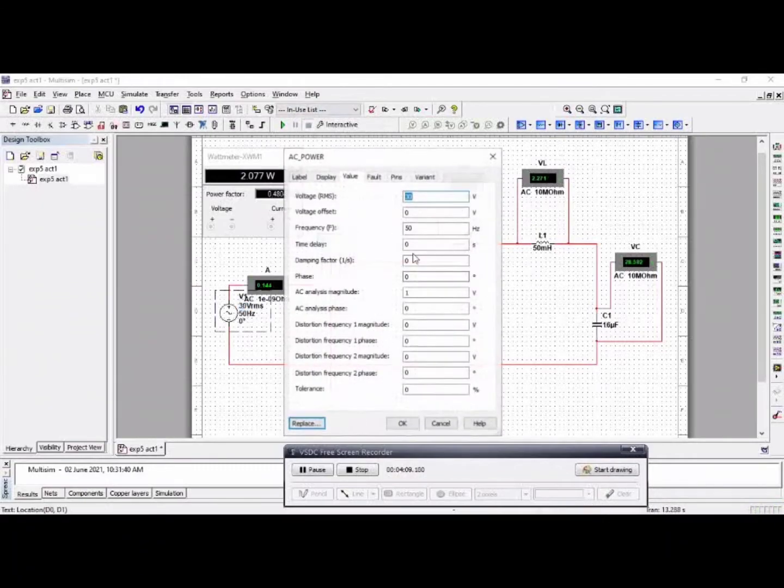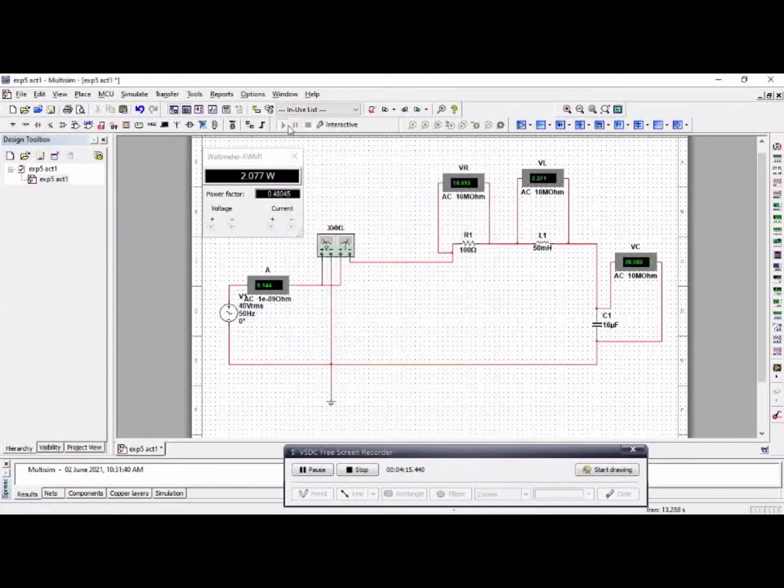Stop, and next for 40 volt voltage supply, and run the simulation. And we get the I here, and wattmeter here, power and power factor, and here is VR, VL and VC.